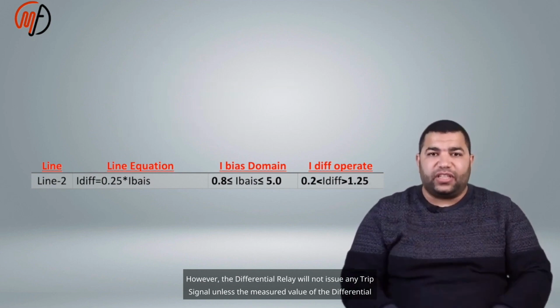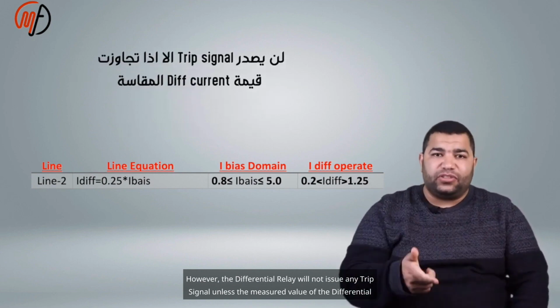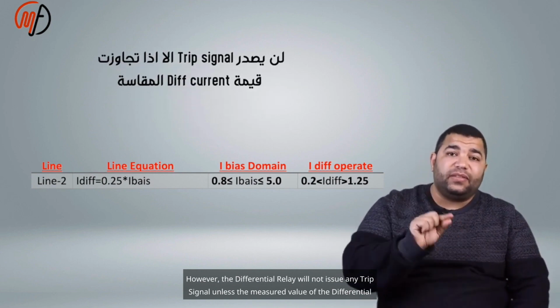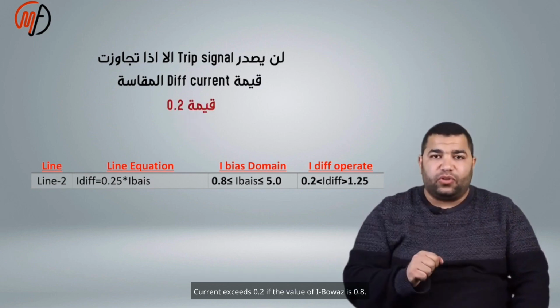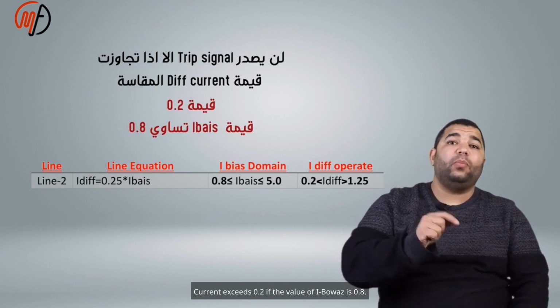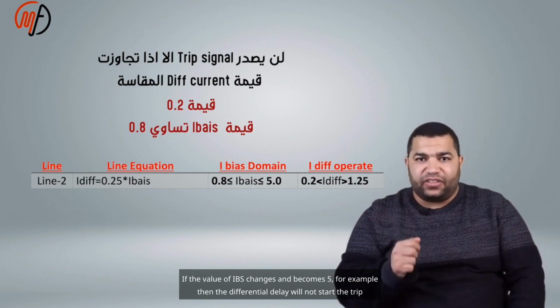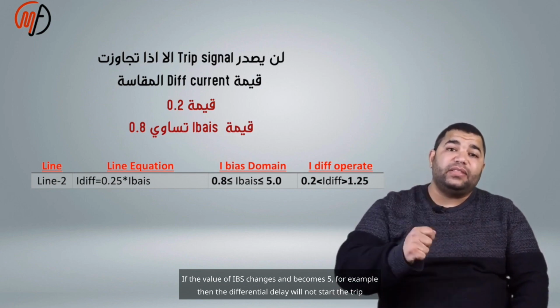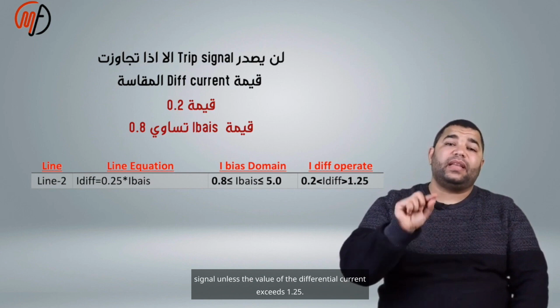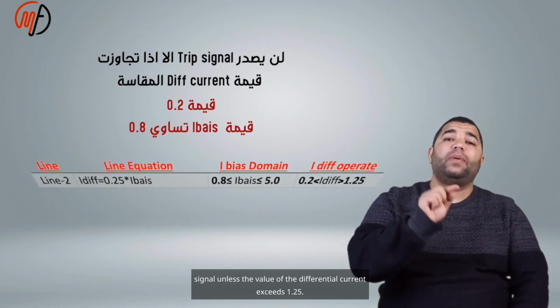However, the differential relay will not issue any trip signal unless the measured value of the differential current exceeds 0.2 if the value of I bias is 0.8. If the value of I bias changes and becomes 5, for example, then the differential relay will not start the trip signal unless the value of the differential current exceeds 1.25.